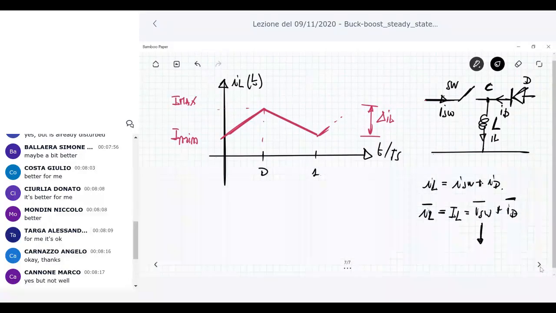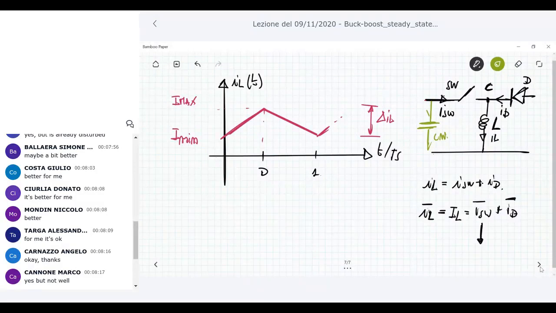Now, it's interesting to put here the input capacitor. We are in steady state. We know the charge balance law for capacitors. That means that no DC current can flow through a steady state capacitor.